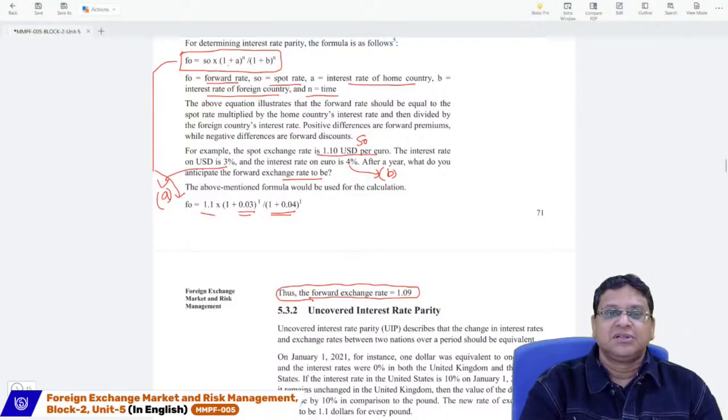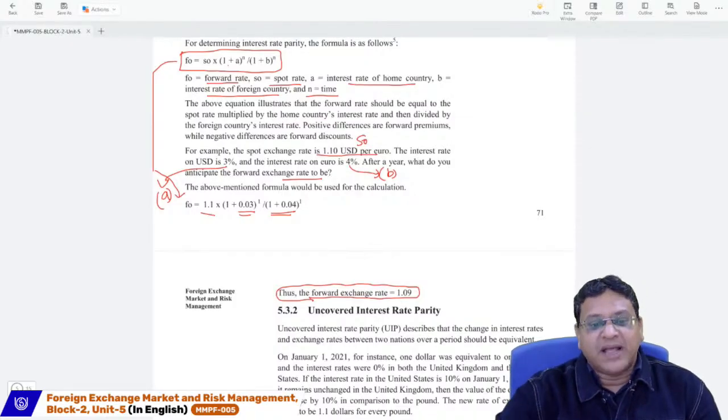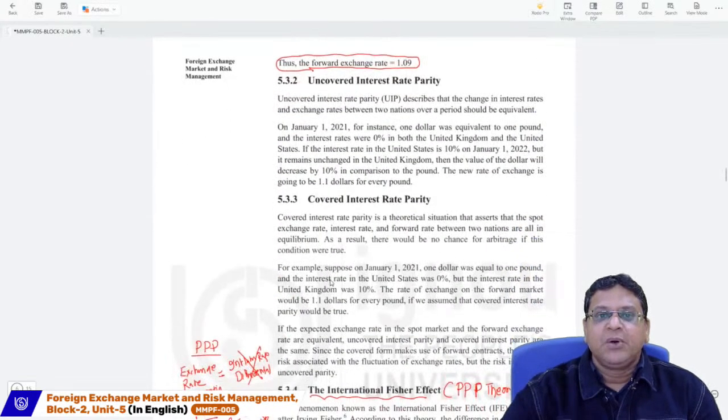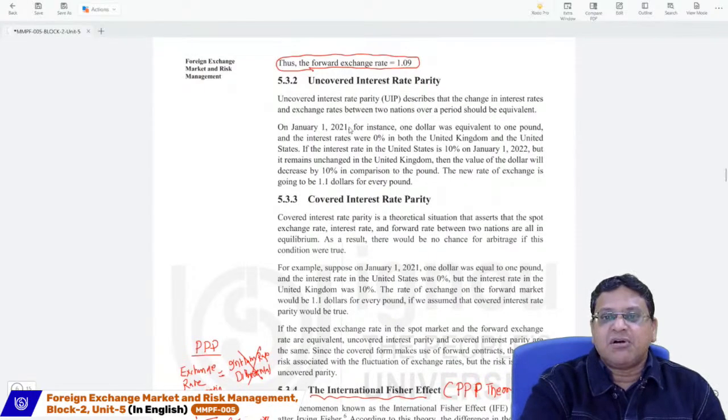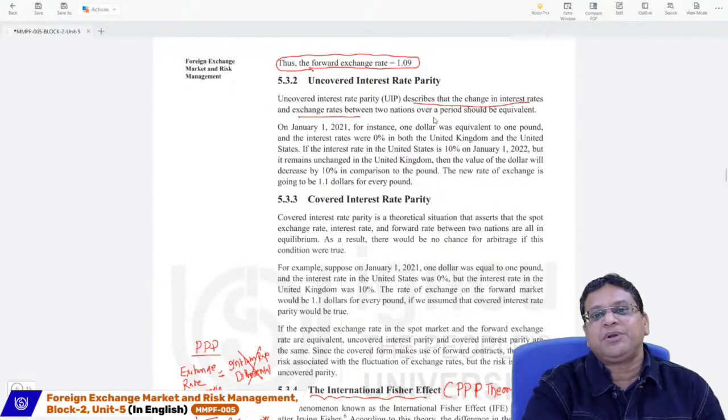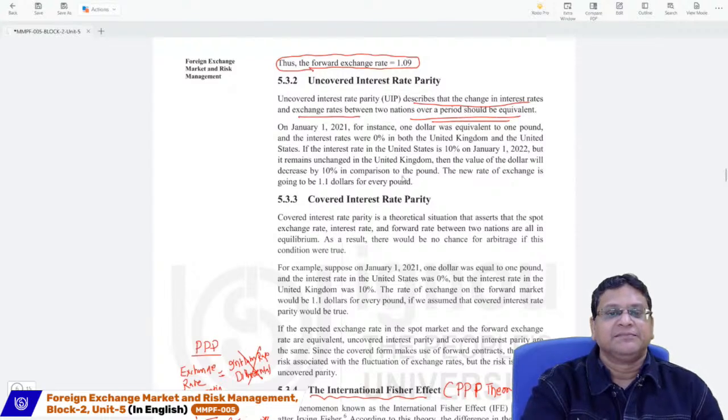Then we have discussed that interest rate parity theory is of two types. One is uncovered IRP, another is covered IRP. What is uncovered IRP? Uncovered IRP says that the changes in interest rate and exchange rate between two nations over a period of time should be equivalent.